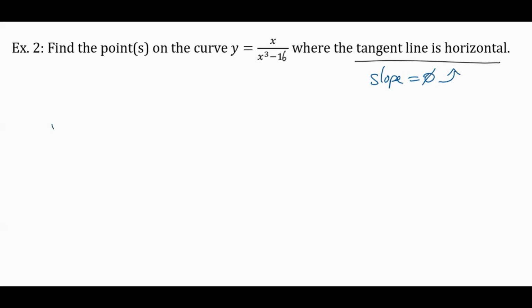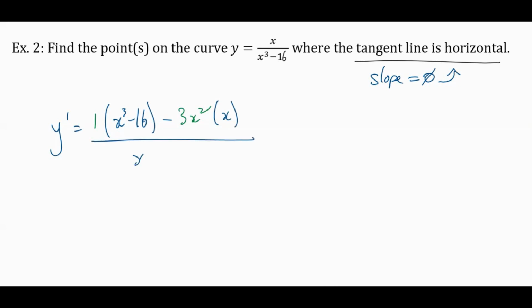Okay, so we're going to start by taking the derivative, and I think we are set to take the derivative as is. We don't have to clean it up or anything. Now, the derivative of the top is just 1. So that was easy. So it's 1 times the bottom, minus the derivative of the bottom, which is 3x squared, times the top, which is x, all over the bottom squared.